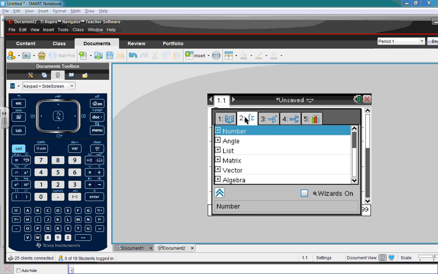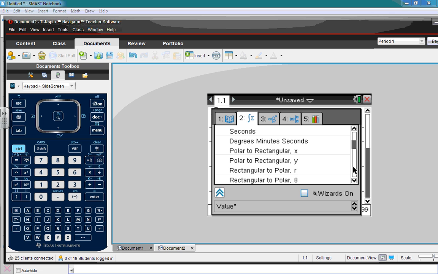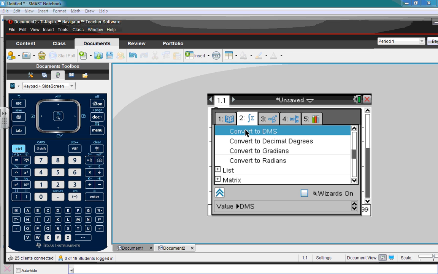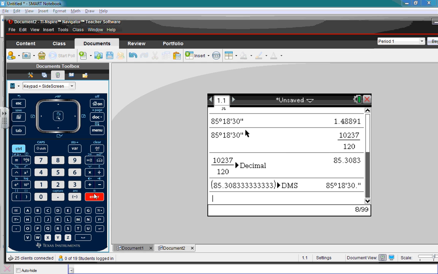Hit 2, and in that 2, hit angle. Within that angle, go all the way down to your C's. Do you see convert to DMS? Hit convert to DMS, which is degrees, minutes, and seconds, and hit enter. And it gives you 85 degrees, 18 minutes, 30 seconds.